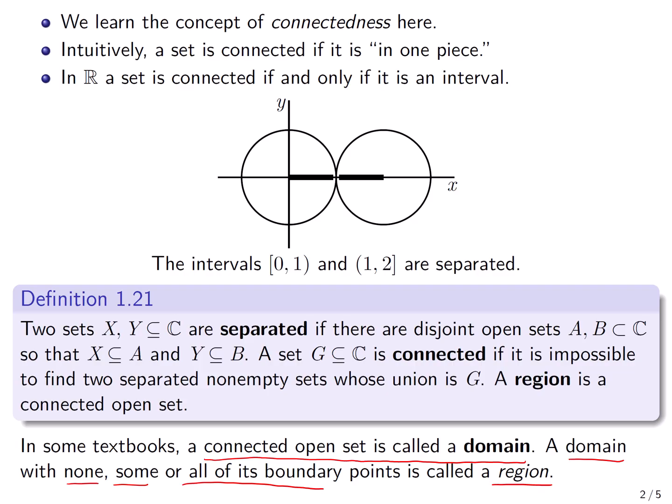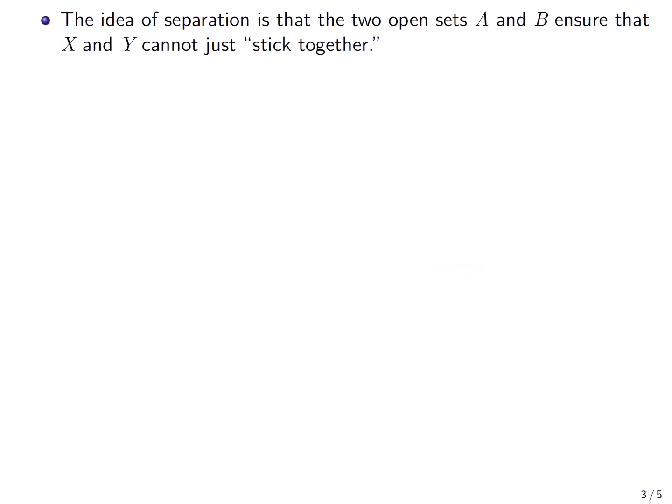Because of this, the domain is automatically a region because you can pick none of the boundary points. The idea of separation is that you have those two open sets A and B such that they cannot stick together, because they are separated by open sets, so there's an open boundary.